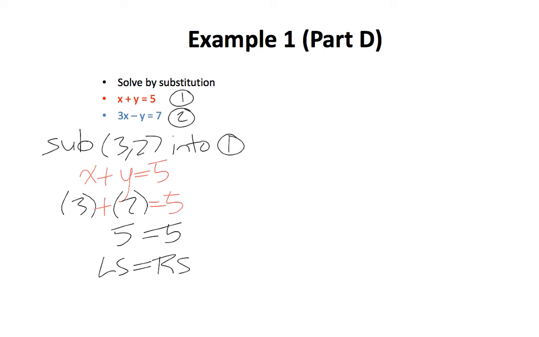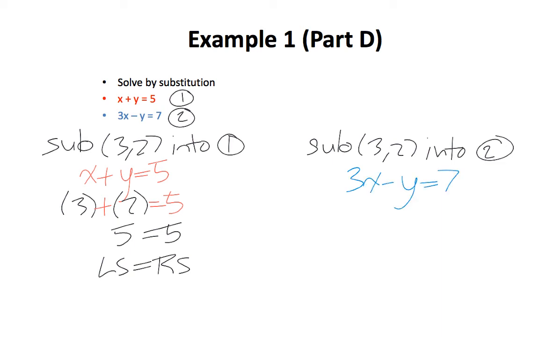I'm going to do the exact same thing with the other line. So I'm going to sub coordinate 3, 2 into equation 2. Let's begin with our equation, which is 3x minus y equals 7. I'm going to replace x with the number 3, and I'm going to replace y with the number 2.